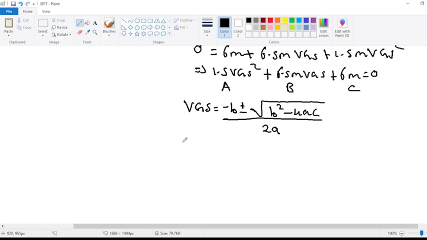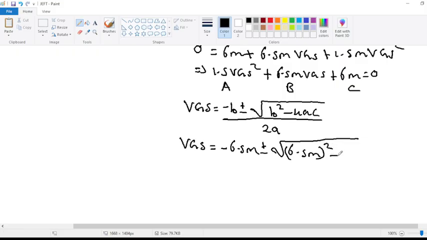Okay, from there we have our VGS is equal to, what is our B? Our B is 6.5 milli, so that's negative 6.5 milli positive or minus the root. What is our B? That's 6.5 milli, you square it because B is squared. Squared minus 4 open bracket. What is our A? 1.5 milli.